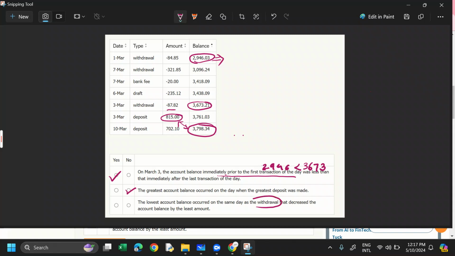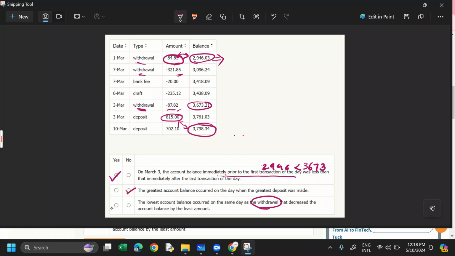We are talking of withdrawal, so you have to look at the entries in which the type is withdrawal. And for withdrawals, the amounts are minus, that is 84 rupees, 321 rupees, 87. So the least is 84 and both of them occur on the same day.